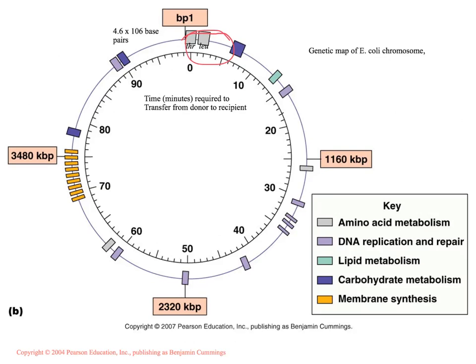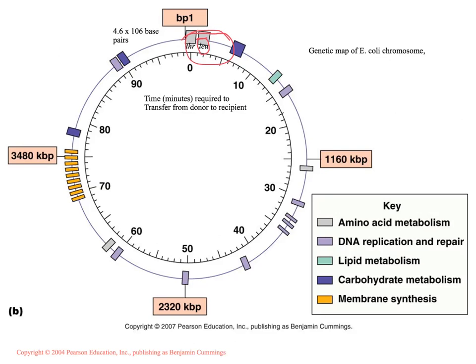So if, let's say, the F minus acquired the ability to synthesize threonine, then that means that the threonine gene is located early in the chromosome between 0 and 1 minute. If after 2 minutes, the F minus cell now becomes threonine positive and leucine positive, meaning that now it's picked up the ability to make leucine, then that means that leucine is the second gene on the chromosome.